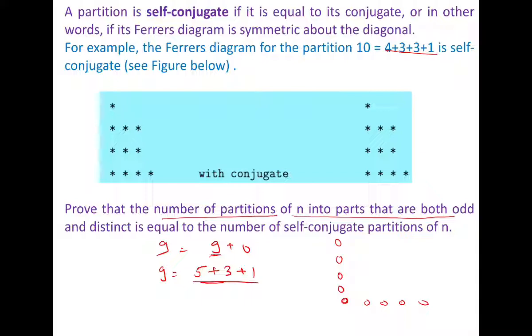Or if I consider 5 plus 3 plus 1, I break 5 as 2 plus 1 and then 2, 3 can be broken as 1, 1 and 1, and 1 stays as it is. Again it is self conjugate. It means there is a one to one correspondence. If you write down a partition which is both odd and distinct, you can draw its Ferrers diagram which is self conjugate.